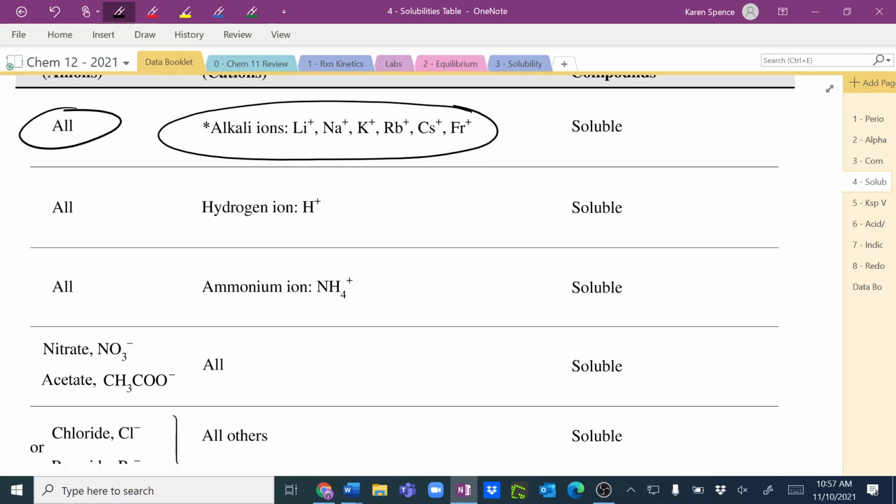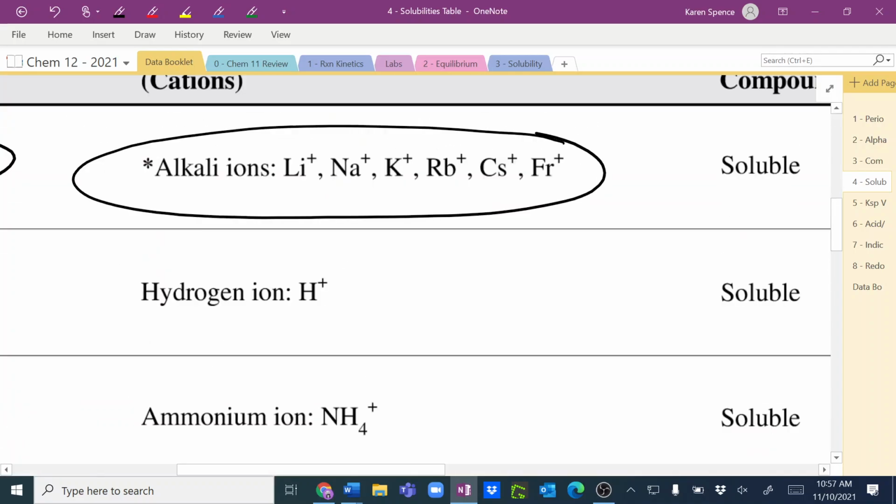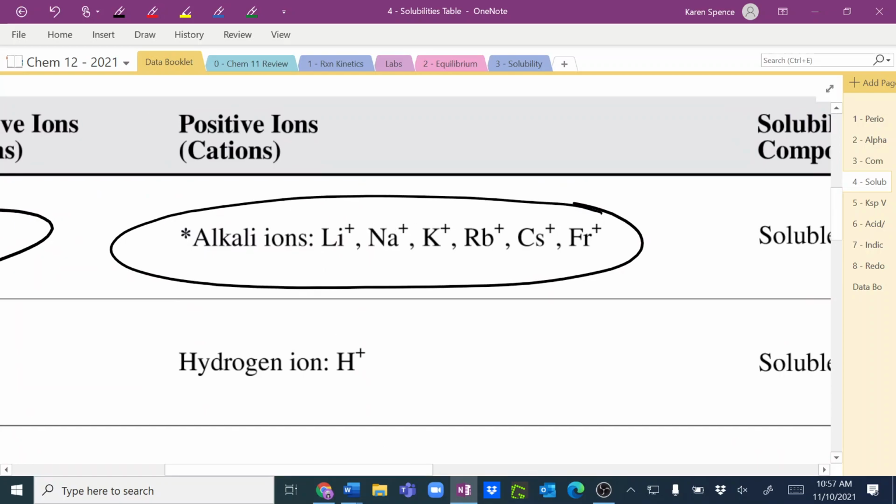We don't want to choose hydrogen because then we might have side reactions happening that we don't want. And you guys don't know this yet, but the ammonium ion is actually also an acid, and so you could also get reactions with that. So we're going to stick with the alkali metals because they're not acids or anything like that.